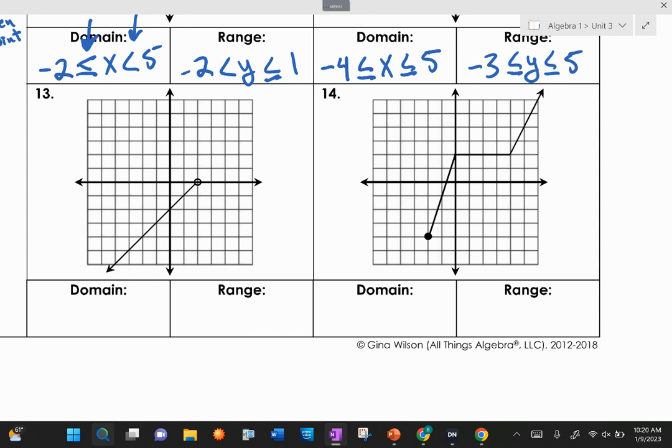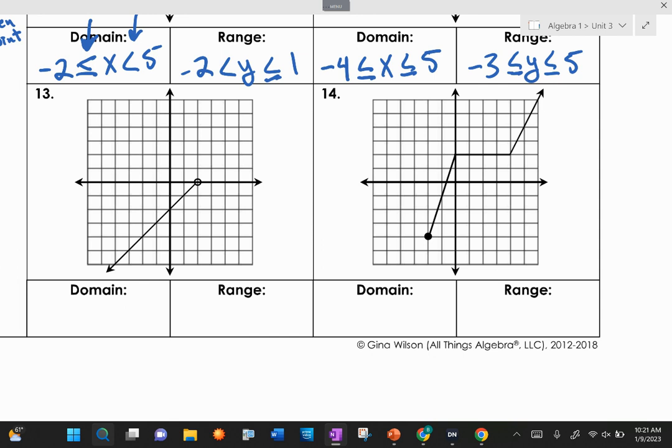Let's just look at it. That we've got that arrow on the left, right? Are you sure? Yeah. So if it's going forever to the left, what do we have there? It's going to negative, looks like an 8 sideways, negative infinity.